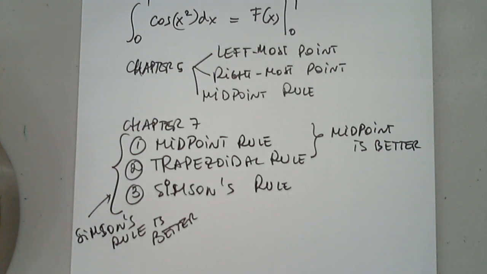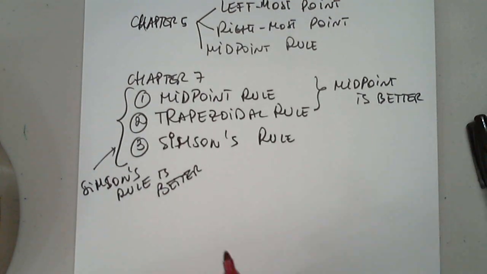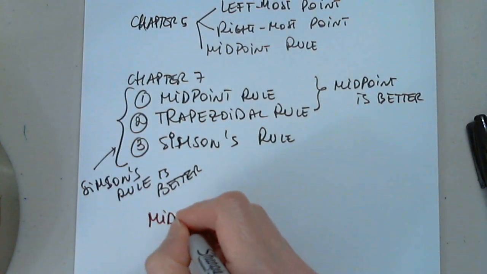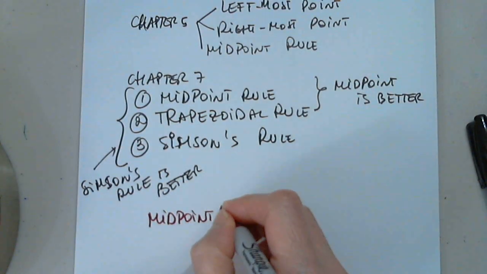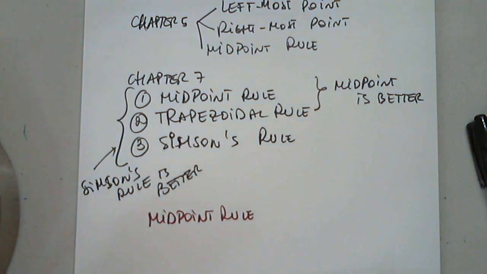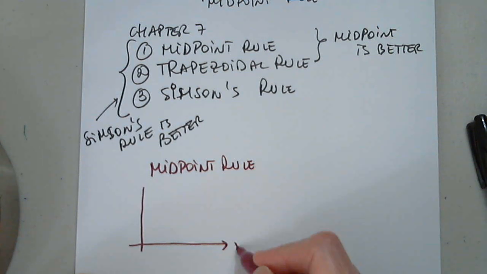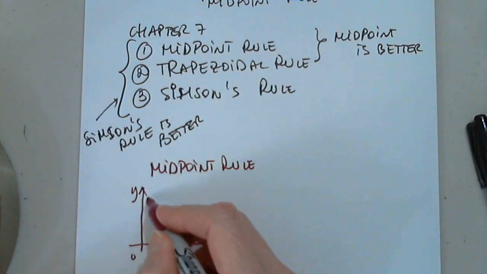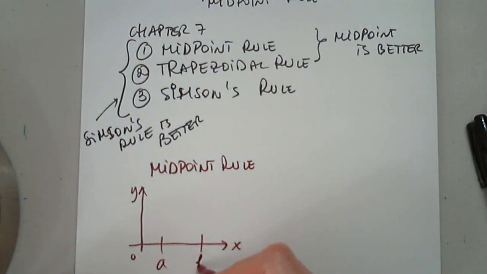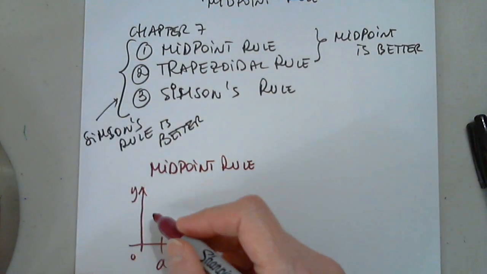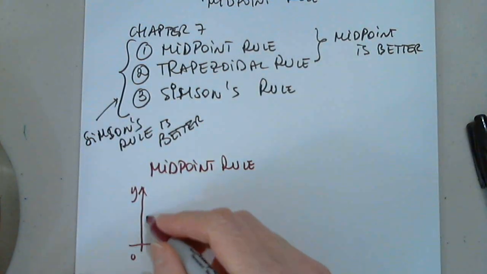Okay, so let's start by looking at the midpoint rule. I'm going to just refresh your memory on a very simple situation. Let's say we have a function between a and b, and let's say we are dividing this interval into two pieces, two subintervals.